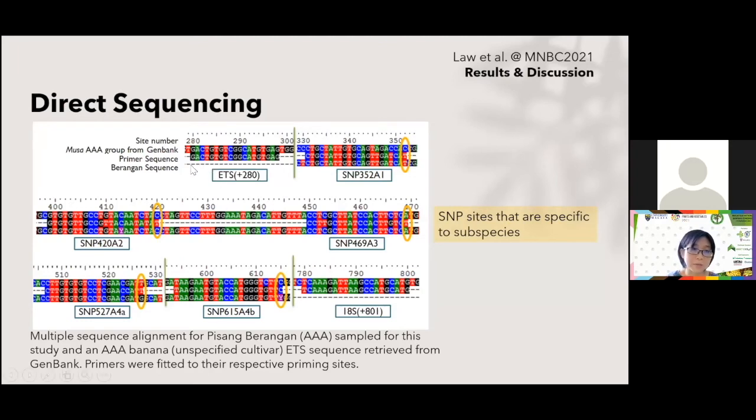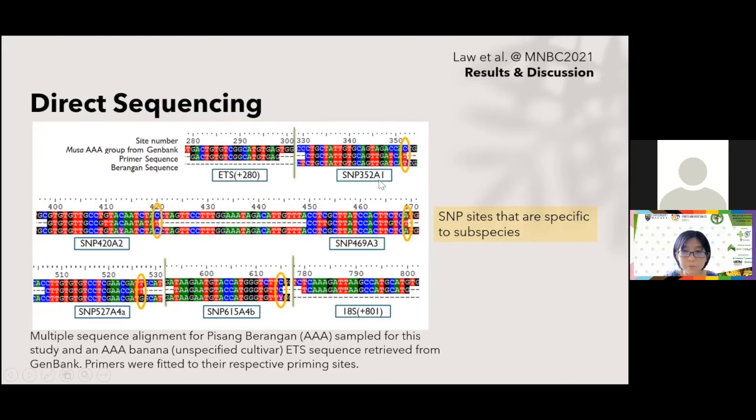Direct sequencing was done, and we compared the Berangan sample that we had. Then we fitted the primer sequences onto the sequence we obtained. We also added another so-called Musa AAA from GenBank, but it is not stated what exactly that is. The first line is the site number, which starts at 280 and ends around 800.